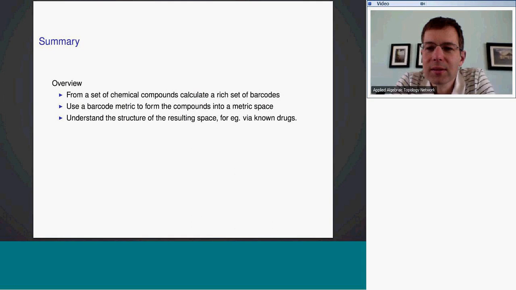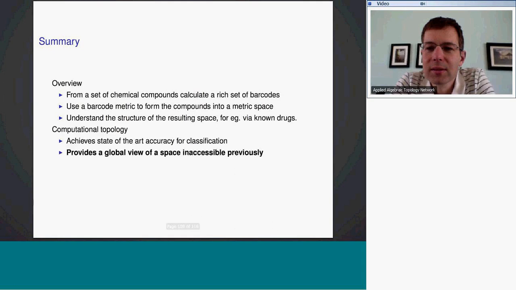And we've captured important biochemical information with our barcodes. This method achieves state-of-the-art accuracy for classification for this data set. And additionally, it adds a global view of the space of compounds that was inaccessible with previous methods.